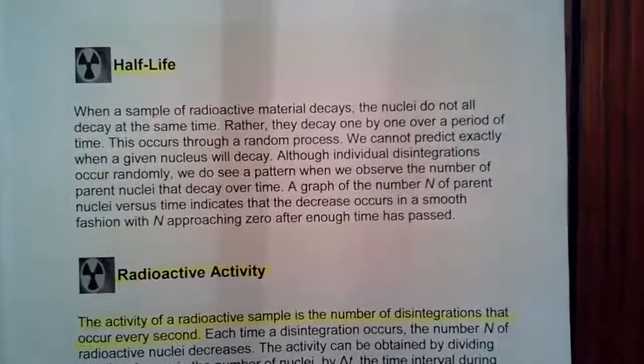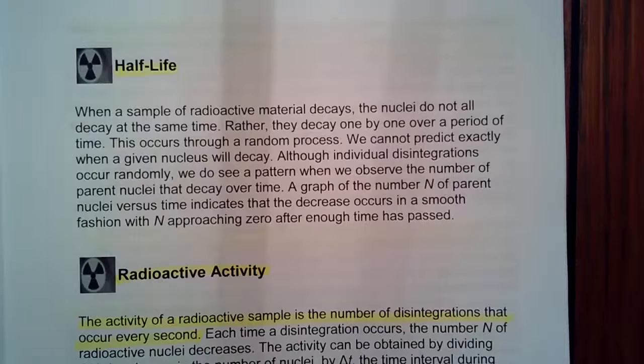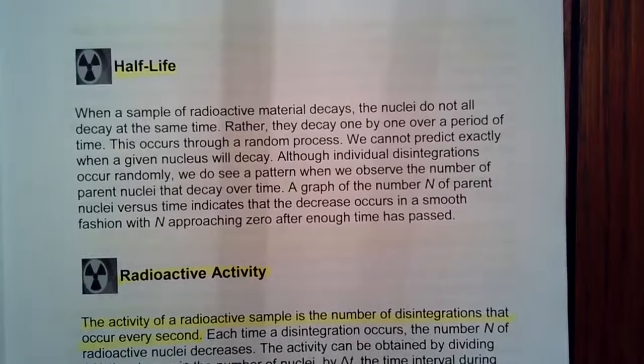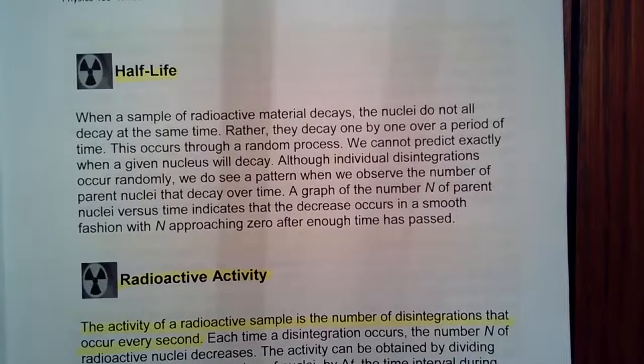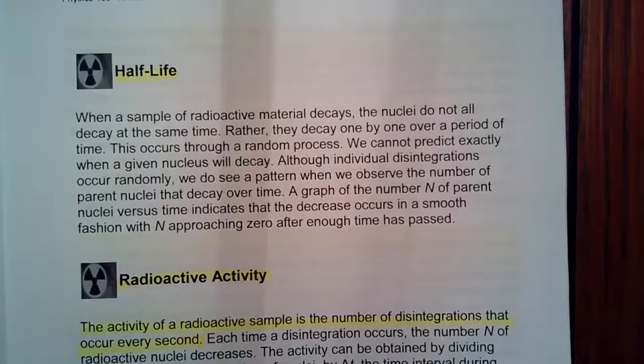When a radioactive material decays, the nuclei do not all decay at the same time. It is rather a random process, so we can't really predict exactly when a radioactive nucleus will decay. Although individual disintegrations occur randomly, we do see a pattern when we observe a number of parent nuclei that decay over time.